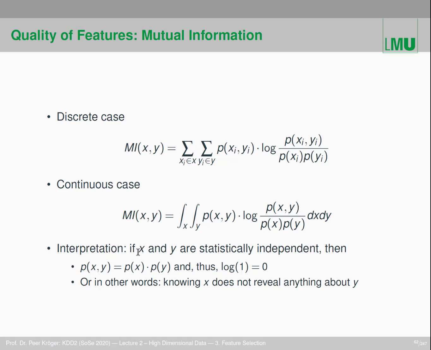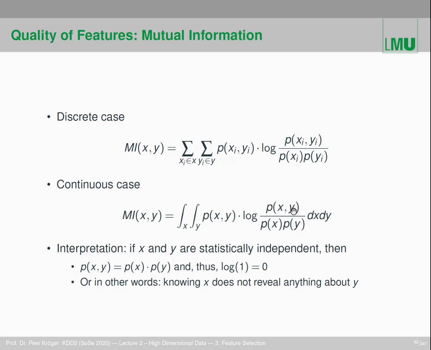So the interpretation here is, if those two features are statistically independent, what does it mean? Well, statistically independent means that the joint distribution is the product of the individual distributions. So in that case, this fraction gets 1 because the denominator and the numerator are the same.